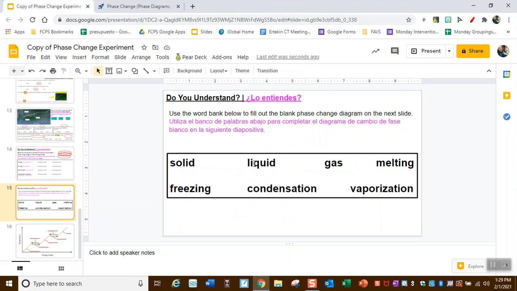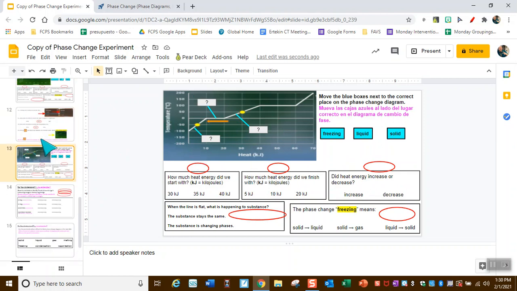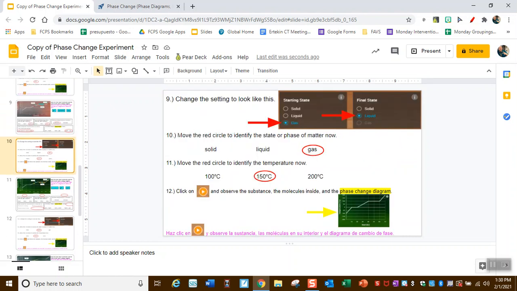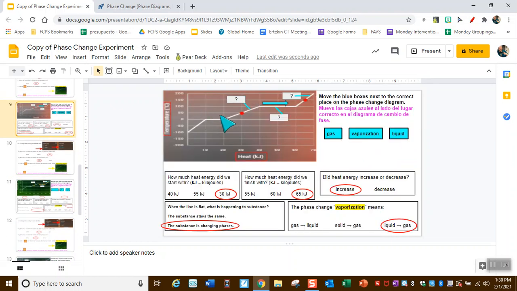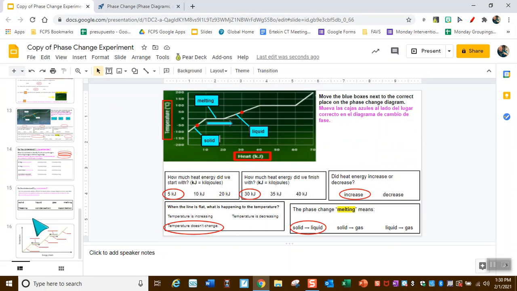Solid, liquid, gas, melting, freezing, condensation, vaporization. If you need help, look over here on all of these slides. They have the answers. Miren aquí en todas esas diapositivas para ayudarte. Contienen todas las respuestas. Okay?